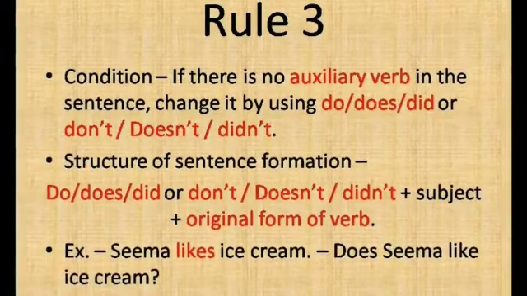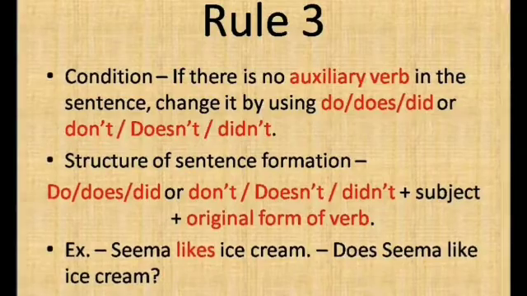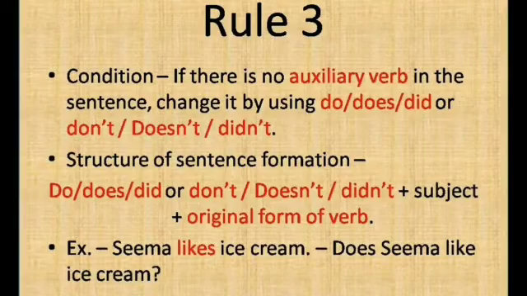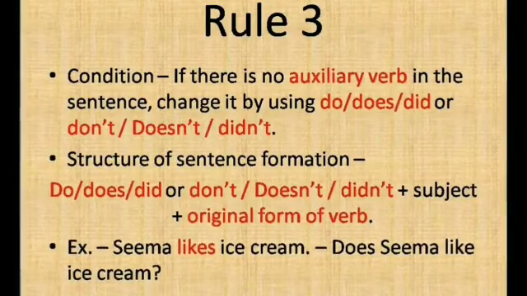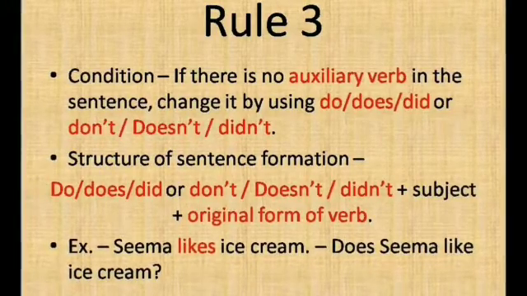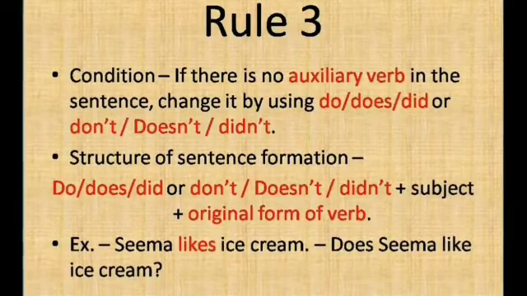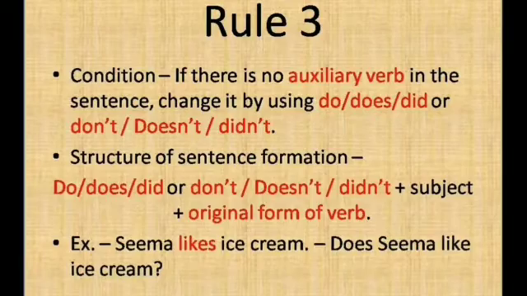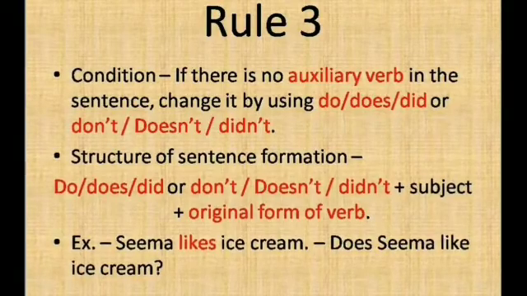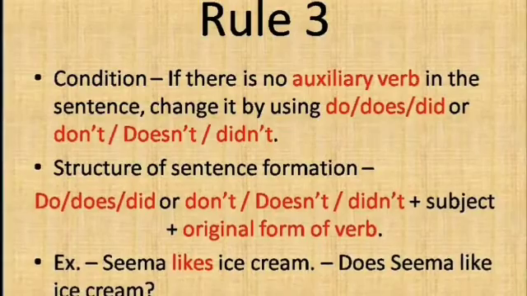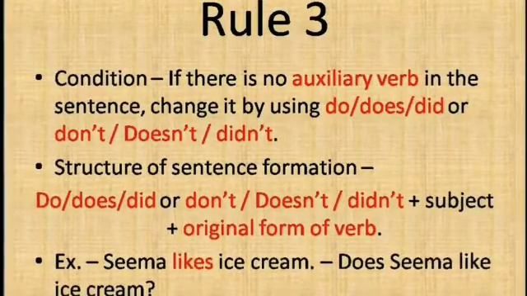Now children, do you remember what is subject? Subject is the part of the sentence about whom we are telling. So here see the example. Seema likes ice cream. What is the subject here, children? Yes, in this sentence, Seema is the subject. So since Seema is singular, we will use does. Does Seema like ice cream?